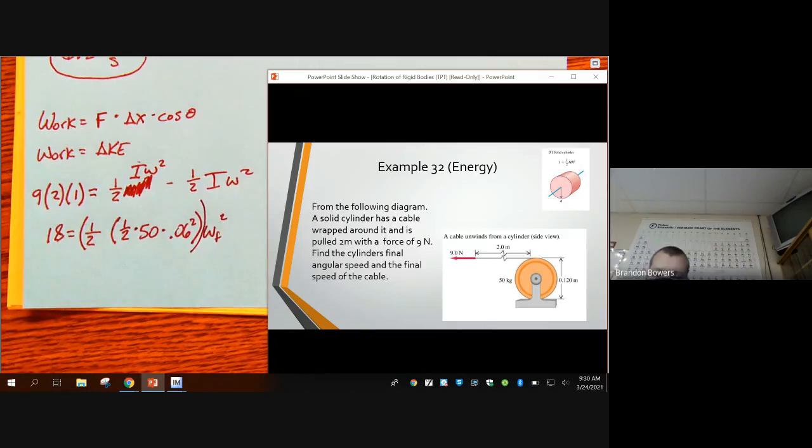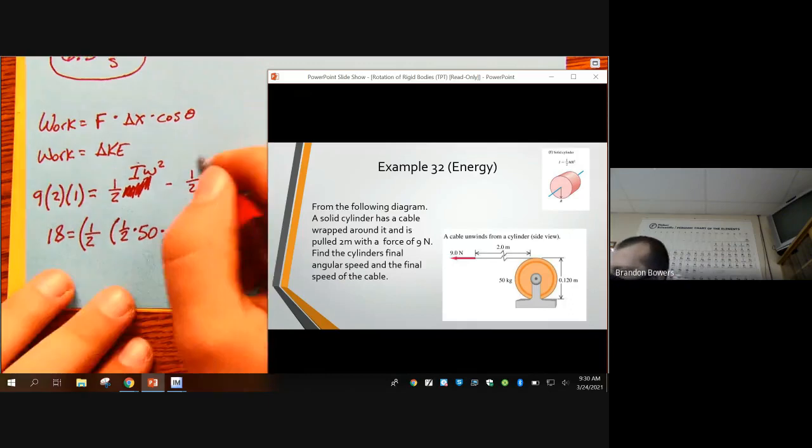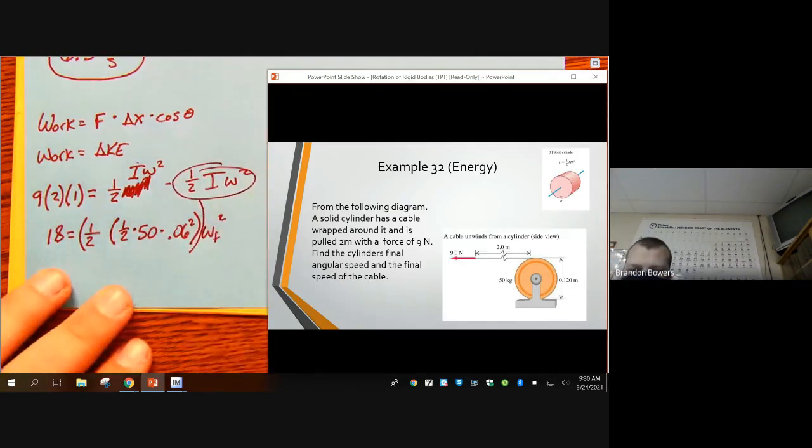Now, the solid cylinder has cable wrapped around it and is pulled 2 meters. So if we actually check this out, what's our initial? Our initial is all 0. So all of this is going to be 0.